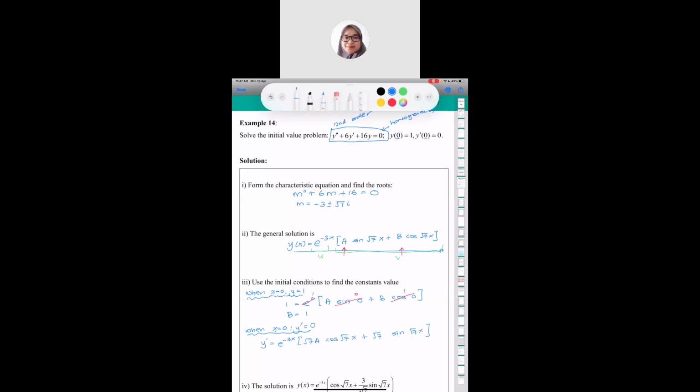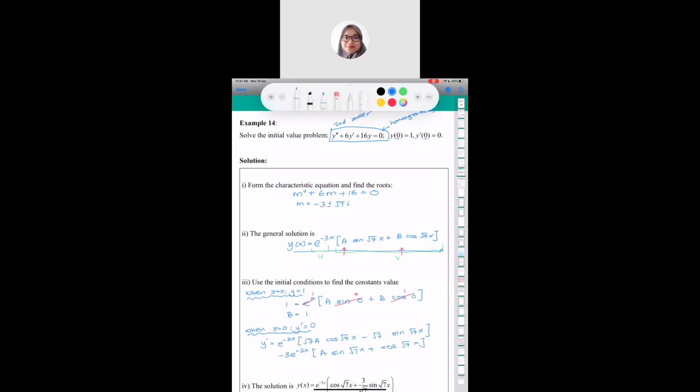The cos will become negative here. And then plus, differentiating u: -3e^(-3x) (A sin square root 7x plus cos square root 7x).